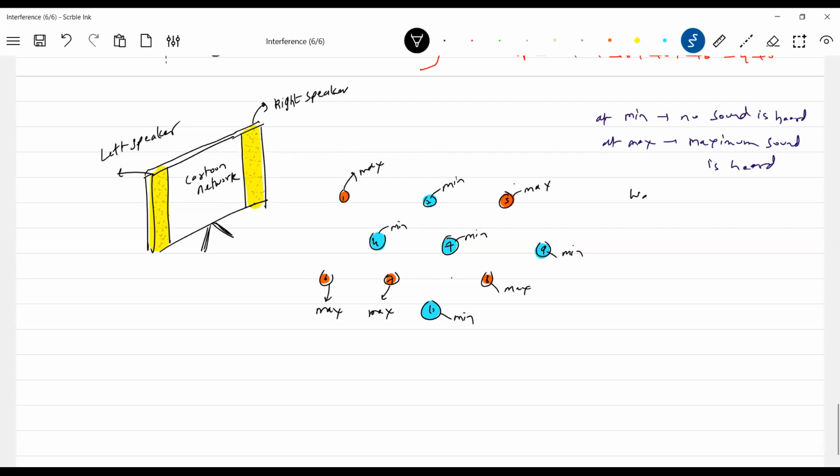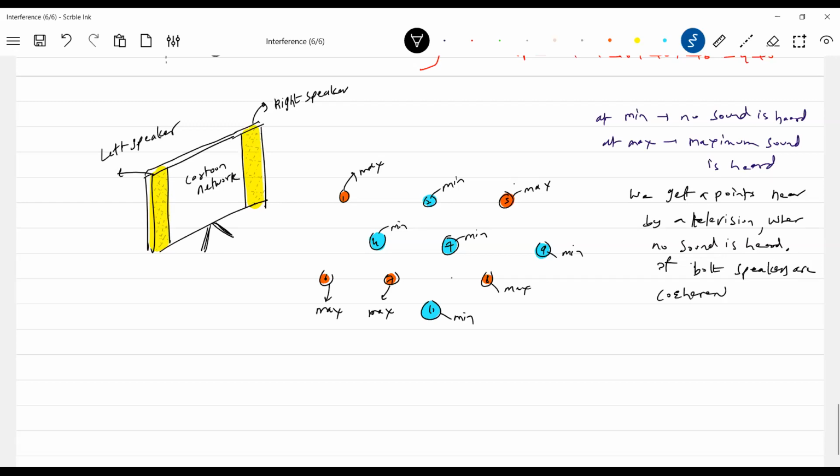So when can you see such minima? We get points nearby a television where no sound is heard if both speakers are coherent.